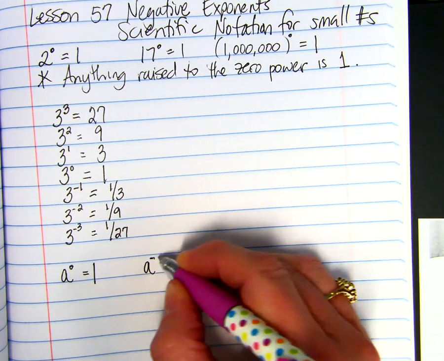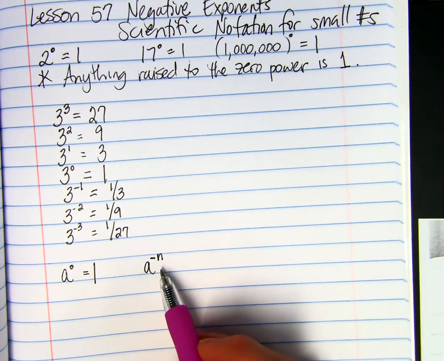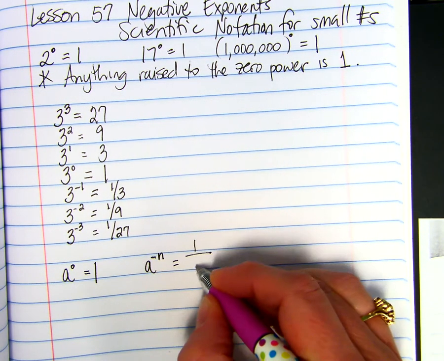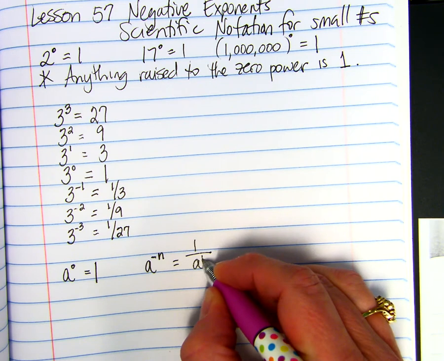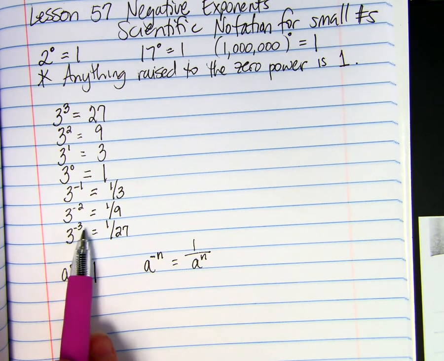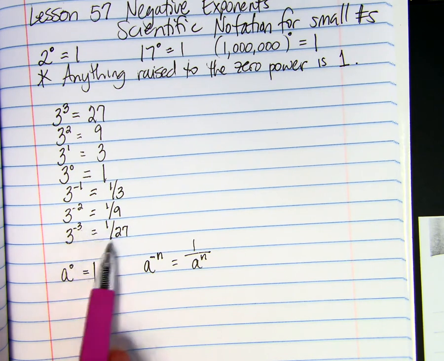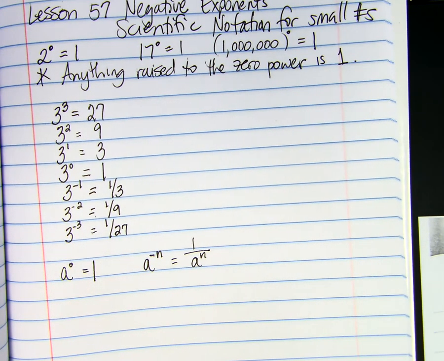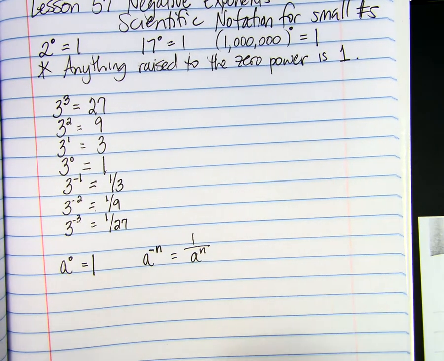Okay, a to the negative power of n equals 1 over a to the nth power. So for instance, when I had 3 to the negative 3, it was equal to 1 over 3 cubed, or 3 to the positive 3. And we can do the other way.